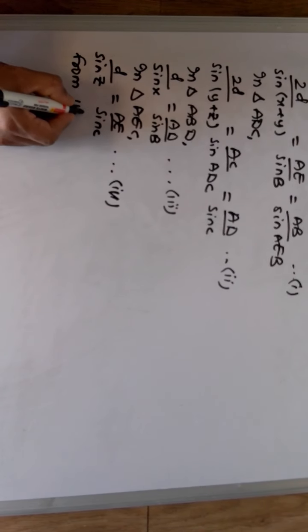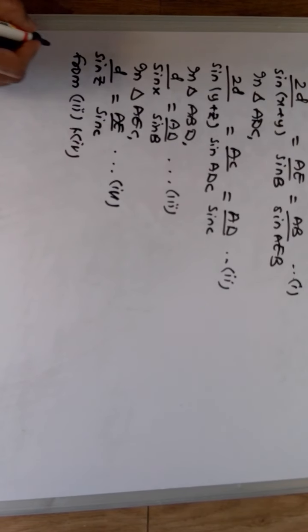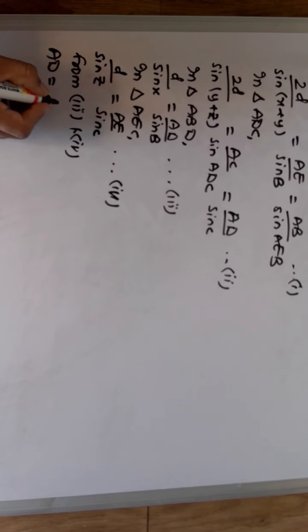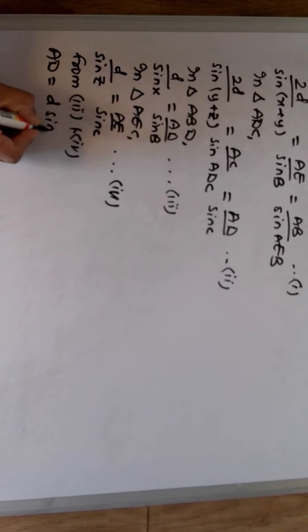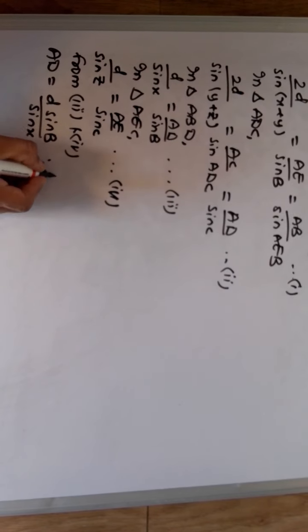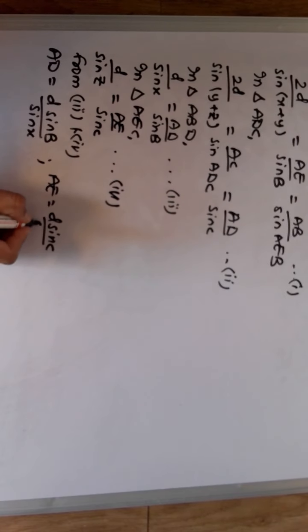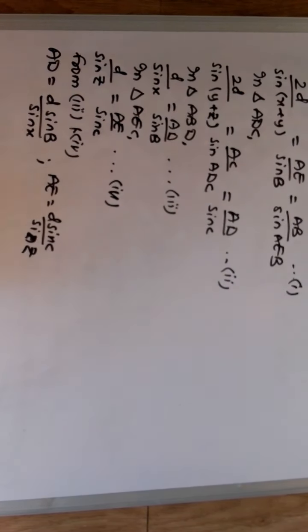From 3 and 4, what I have, AD is equal to D sin B is to sin x, and AE is equal to D sin C is to sin Z, this is sin Z, okay?